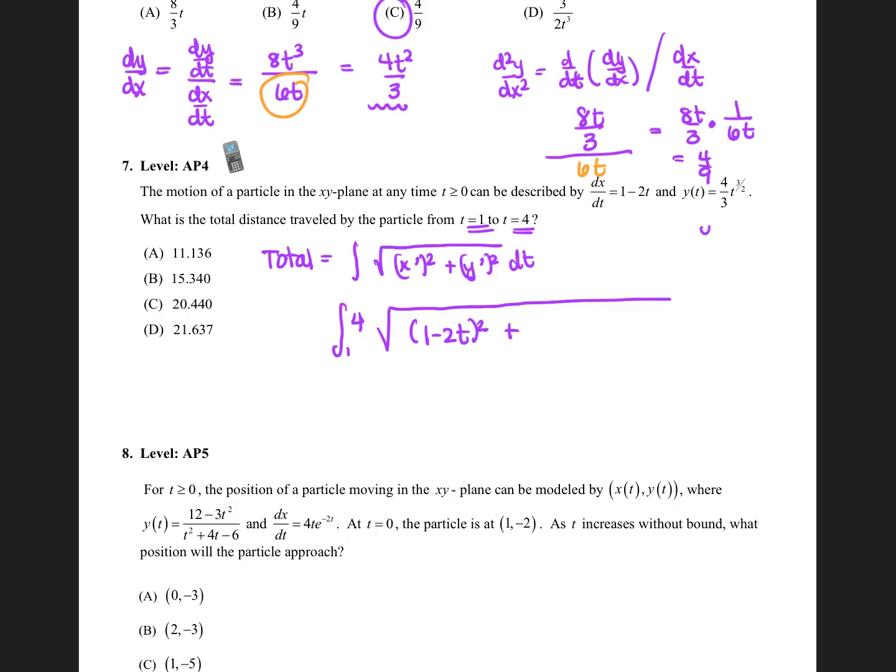We've got to find y prime. Y prime would be 2t to the 1/2. So y prime squared would be 4t, dt. You'd integrate this in your calculator and get 15.340.